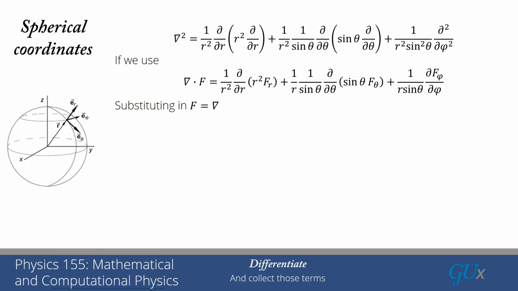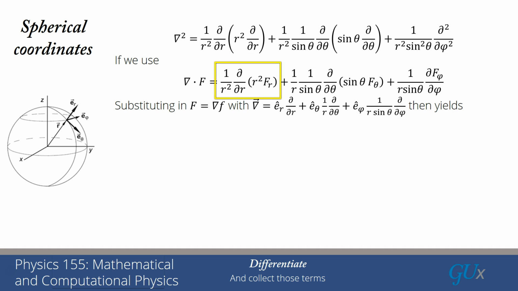Well, we're going to substitute in f equals gradient of f, where the gradient is this expression that we already got in spherical coordinates. And when we do that, you see the first term will have inside the parenthesis r squared d little f dr. The second term will have a sine theta times a 1 over r d little f by d theta.